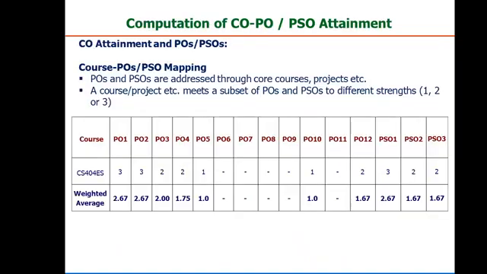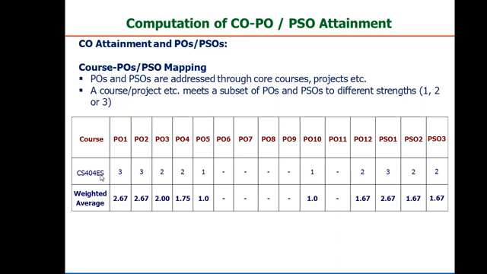Then coming to the computation part of CO-PO and PSO attainment. Here, at program level, we have to map our course with all POs and PSOs. In the earlier table, this is the course code of Formal Languages and Automata Theory.